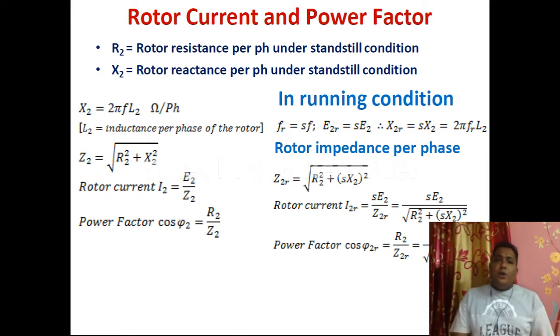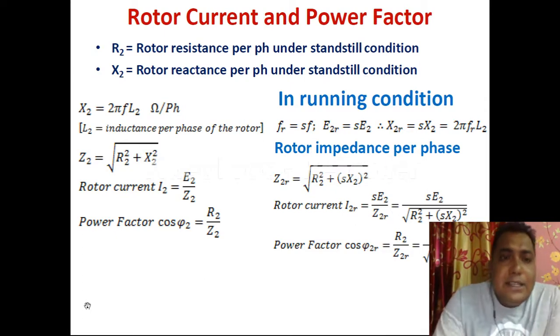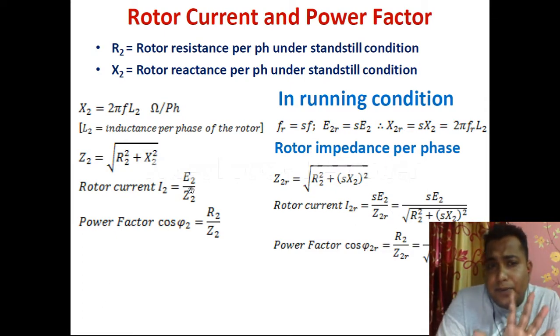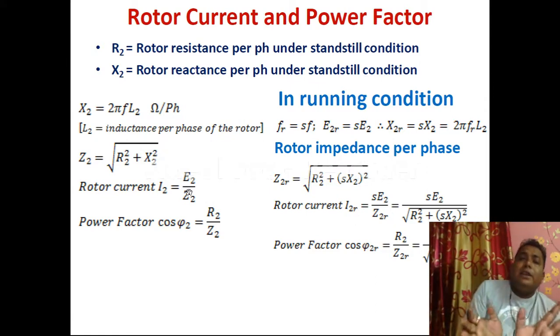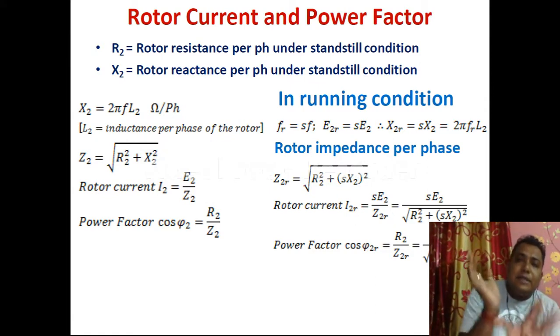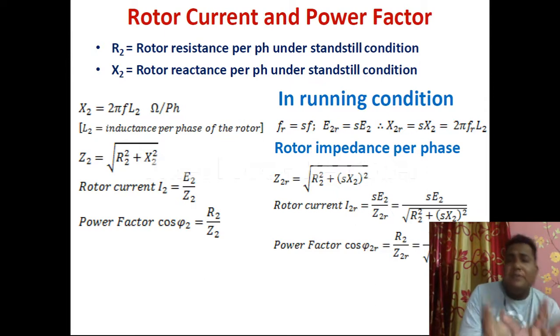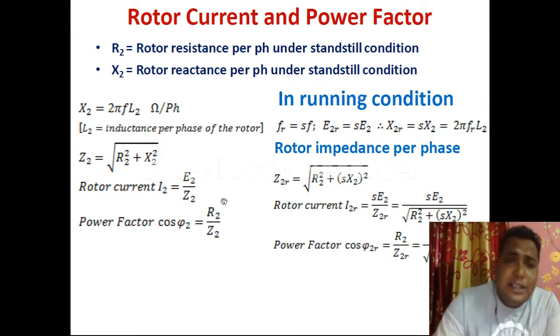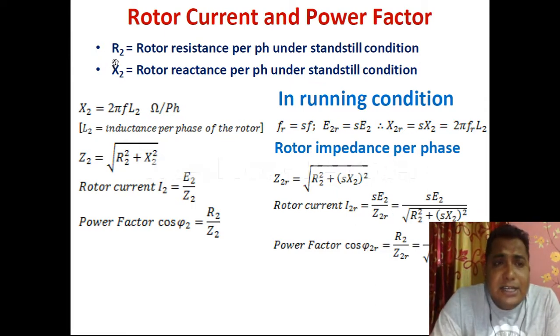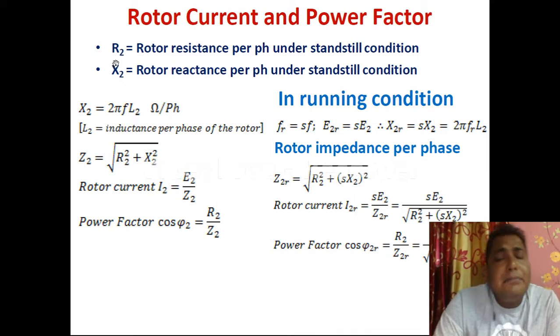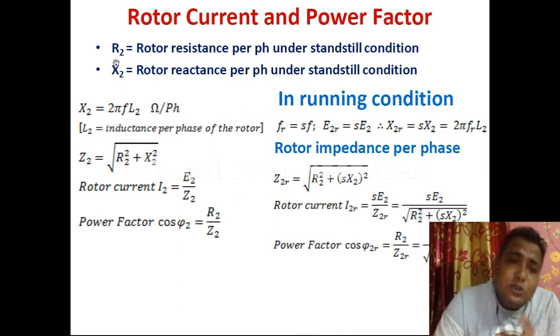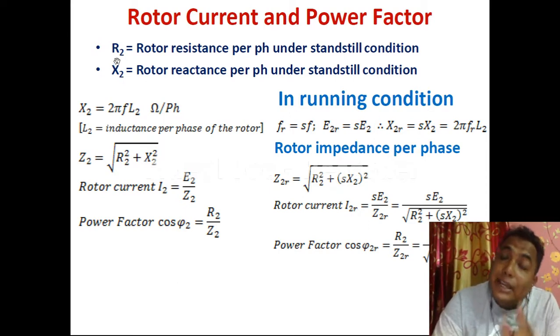First let us see what is written over here, very interestingly presented, so that a single view can give you the idea of what the formula is for standstill condition and what the formula is for running condition. First it is written that R2 is the rotor resistance per phase under standstill condition, and X2 is the rotor reactance per phase under standstill condition.